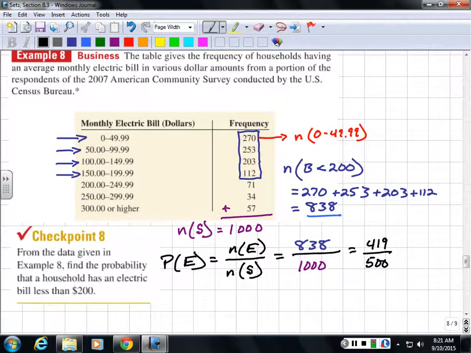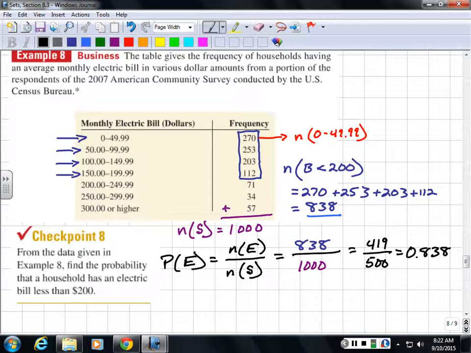Does that really tell you much? Not really. If we go ahead and convert it to a decimal now, and this is one of those times where you would want to, that's your probability. This right here tells you a lot. What's the likelihood that if I reach into a bin with all these electric bills and draw one out at random, that it will be less than $200?